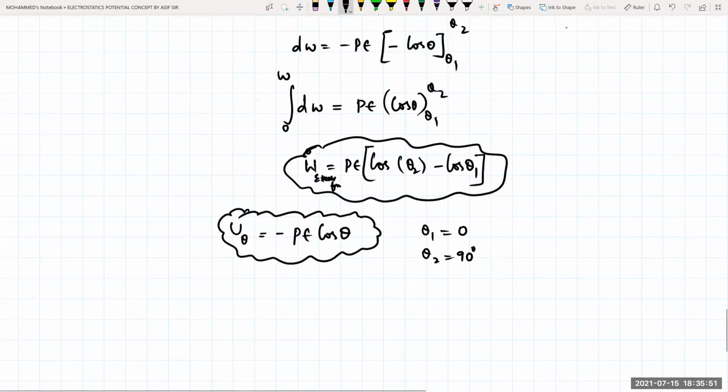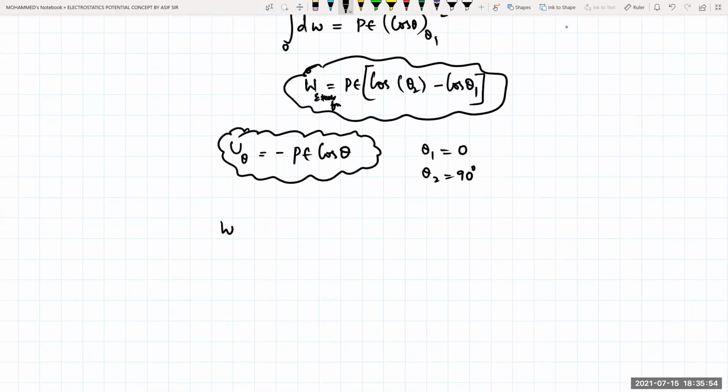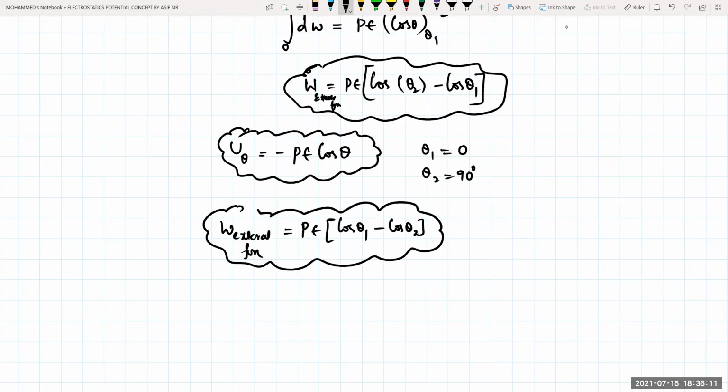If I'm talking about external work done rotating the dipole, the work done by an external force will be PE times cos theta 1 minus cos theta 2. Just make a difference between this one, which is due to the electric force, and that one, which is due to the external force.